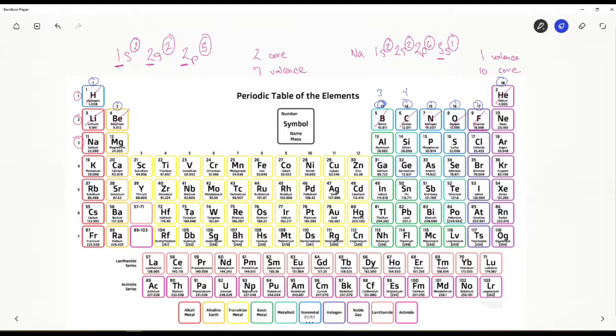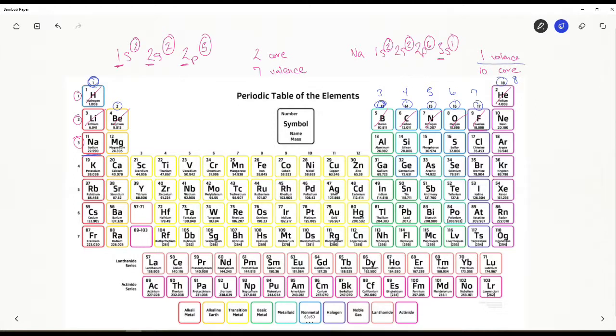So that you might see that as 3, 4, 5, 6, 7, 8. Again, different periodic tables put different numbers up there. These correspond generally with your valence electron. So look at sodium. Sodium is in column number 1, and how many valence electrons does it have?